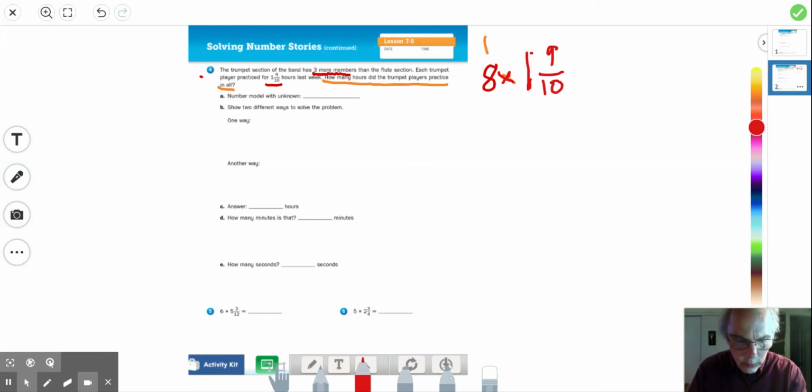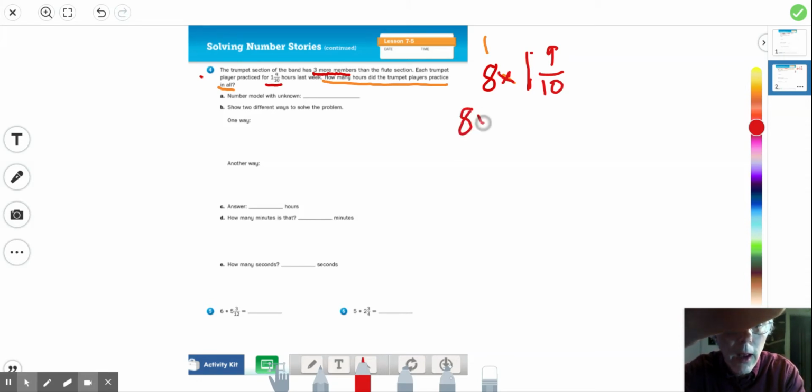So there's a couple ways to break up this problem. You could break it up like so, because it's kind of hard to do 8 times 1 9/10, but we could break it up into something like 8 times, and then what is 1 9/10? Well, it's simply 1 plus 9/10. Okay, and that gives us a way to solve the problem.